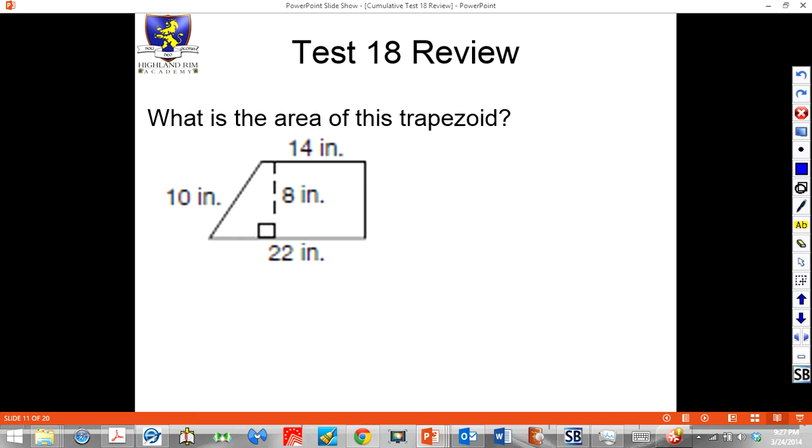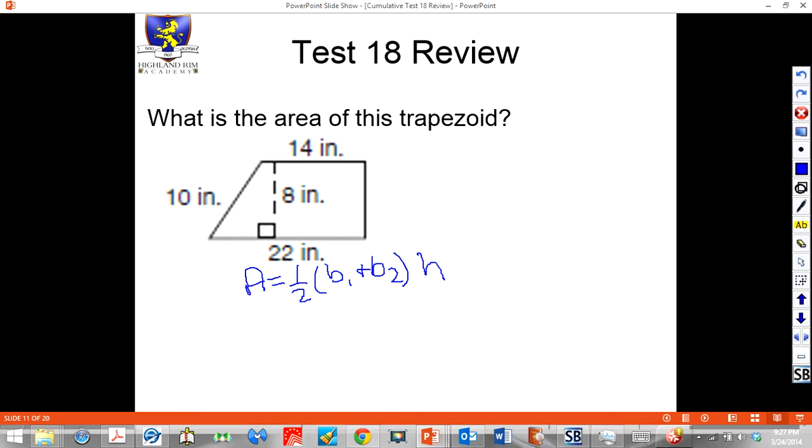Our next problem, what is the area of this trapezoid? We know that the area of a trapezoid is equal to 1/2 times, remember this formula, base 1 plus base 2, times your height.